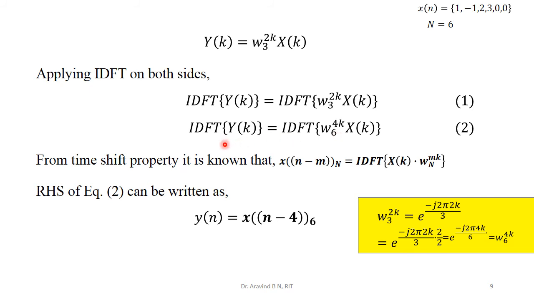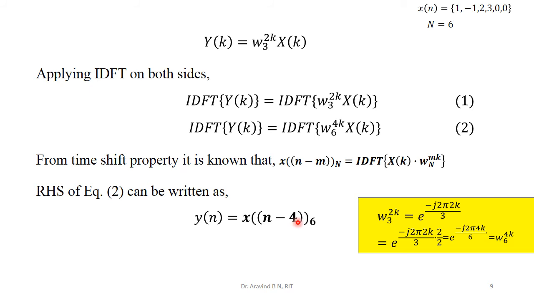So the left hand part will simply be y of n, and comparing these two, I can write the equivalent as x of n minus 4.